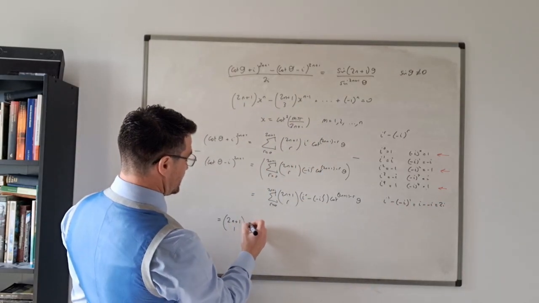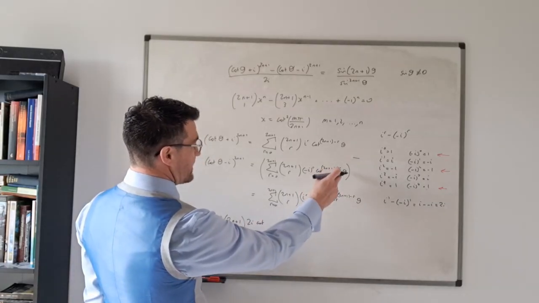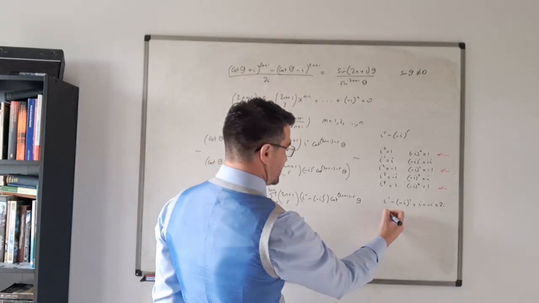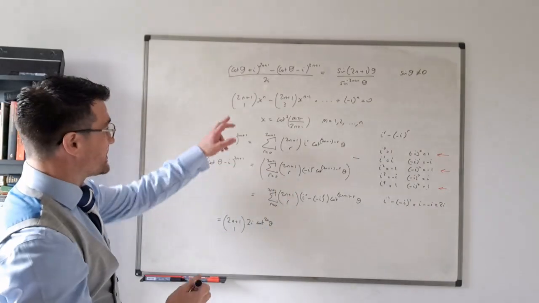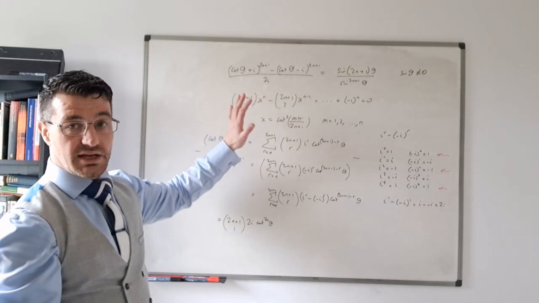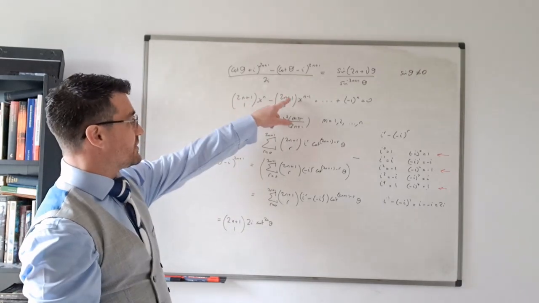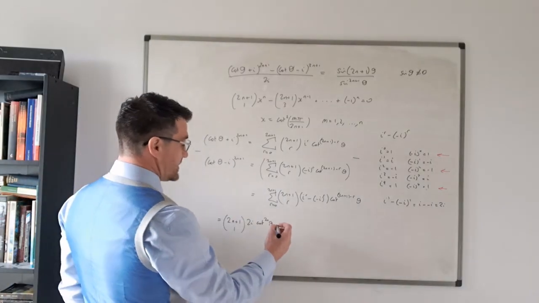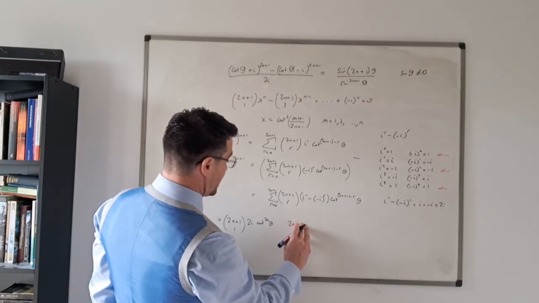So 2n+1 choose 1, 2i, cot, r is equal to 1, so it's going to be cot^(2n) theta. Next one. When r is equal to 2, that disappears. This is a good sign, by the way, because notice that we've only got odd numbers in these binomial coefficients. We've got 2n+1 choose 1, 2n+1 choose 3. The next one will be 2n+1 choose 5, and so on and so forth. So we're going to get 2n+1 choose 3.